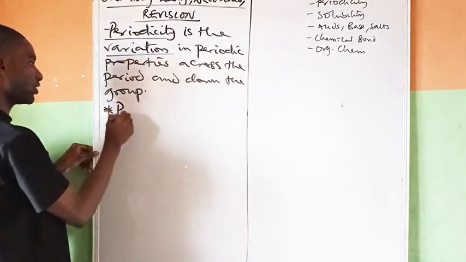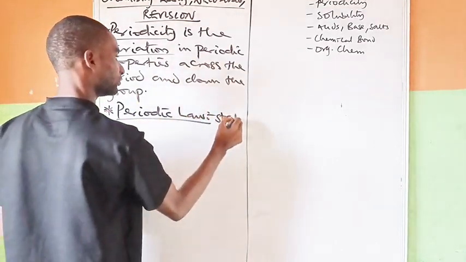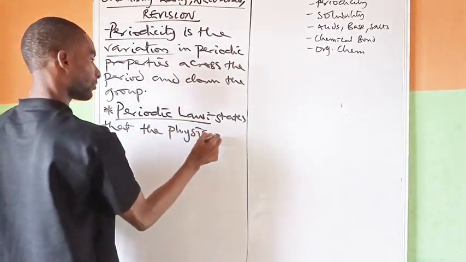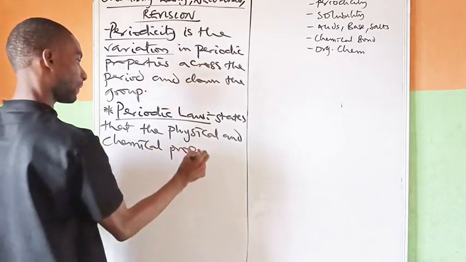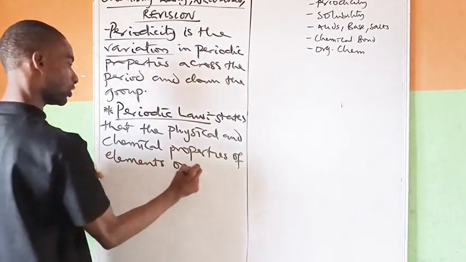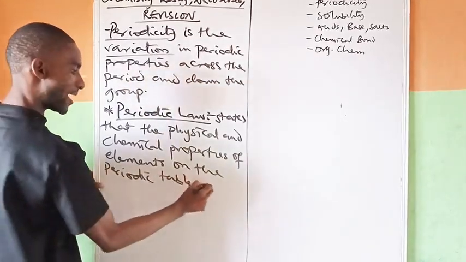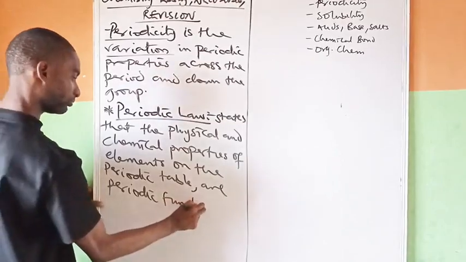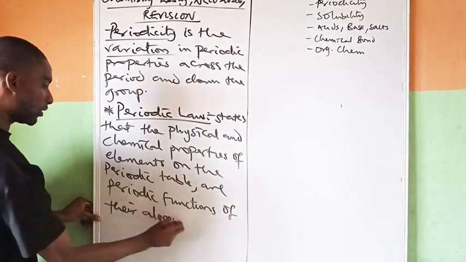The periodic law states that the physical and chemical properties of elements on the periodic table are periodic functions of their atomic number.